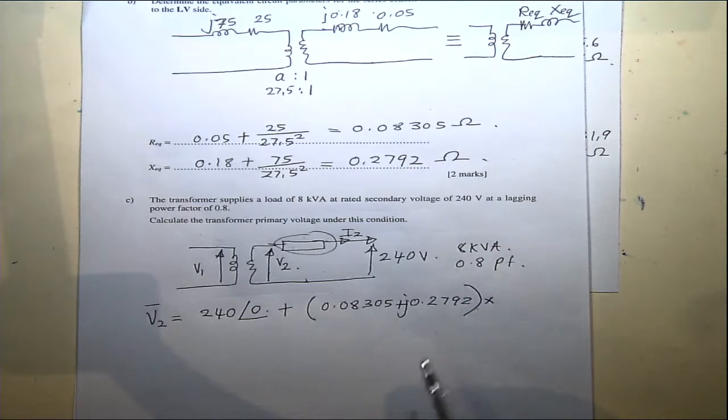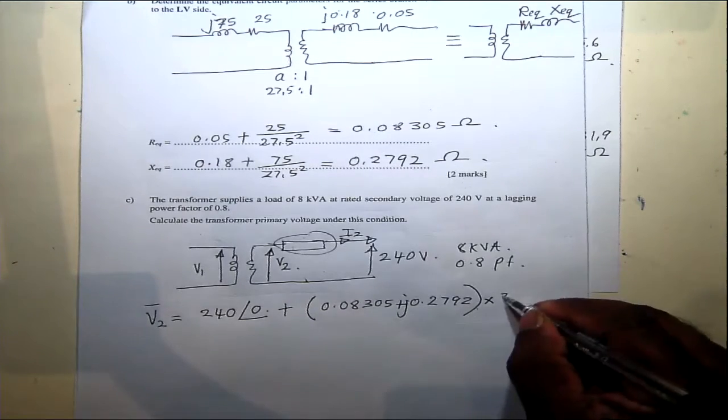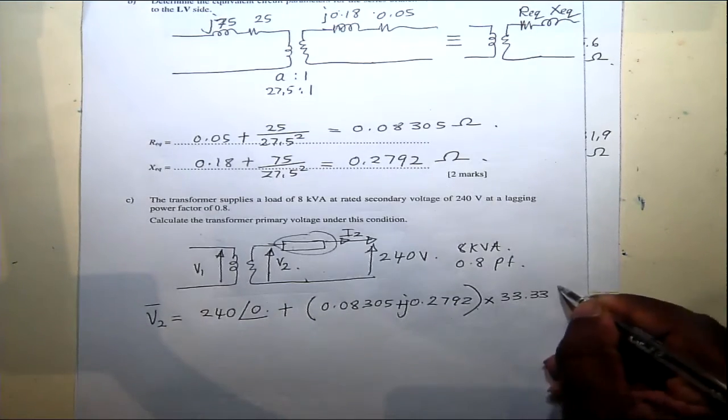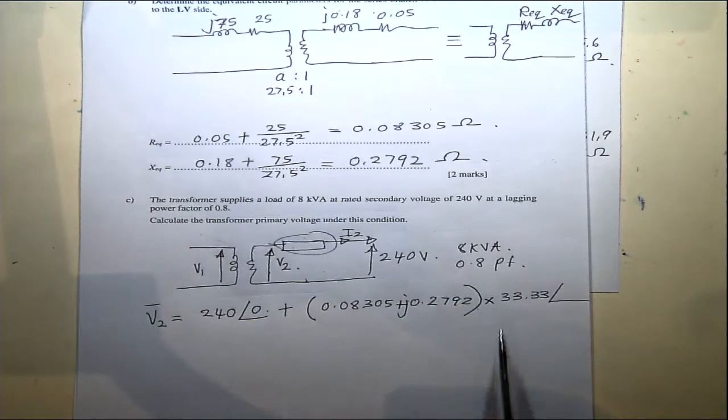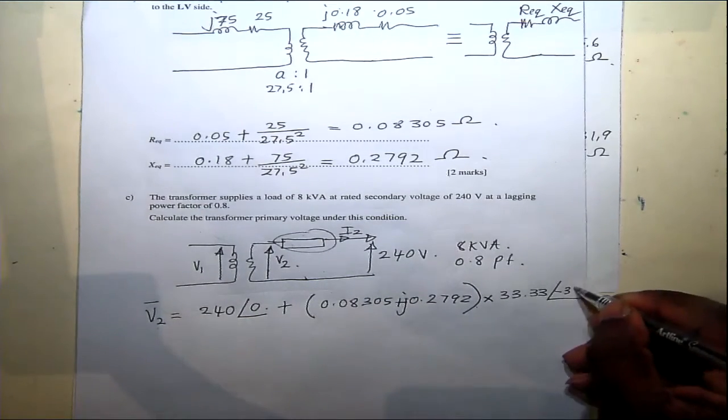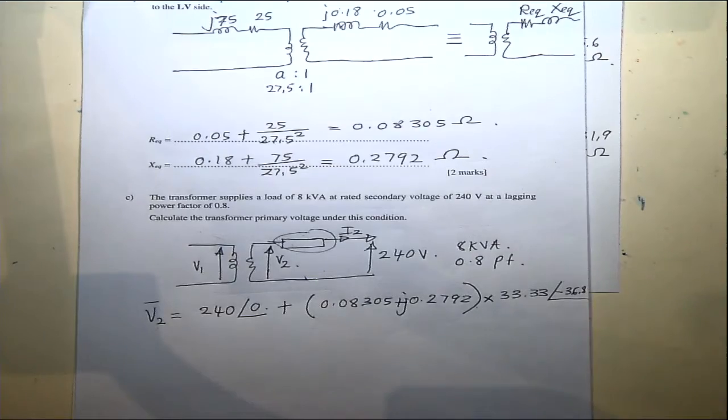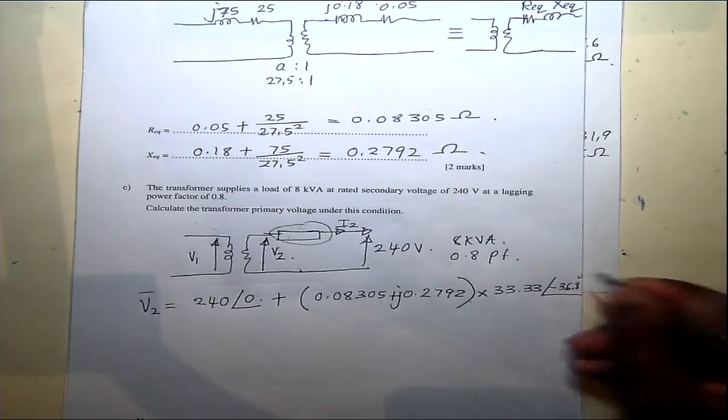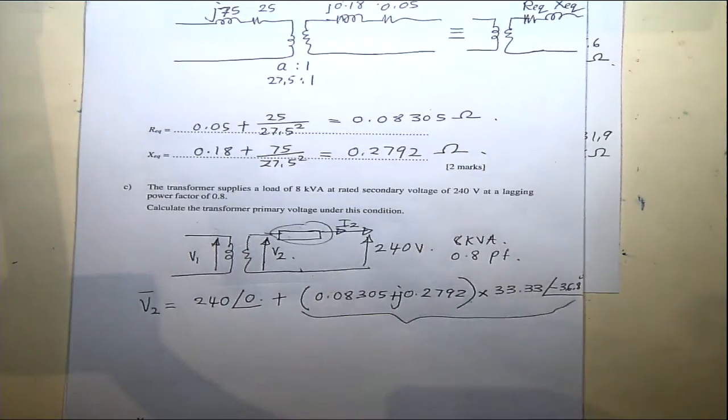So 8000 divided by 240 gives you the current magnitude, which is 33.33, but has a phase angle. It's a lagging power factor 0.8. So cos inverse 0.8 is 36.87. So that will be 36.87 here. So this whole thing gives you the voltage drop across the transformer impedance.